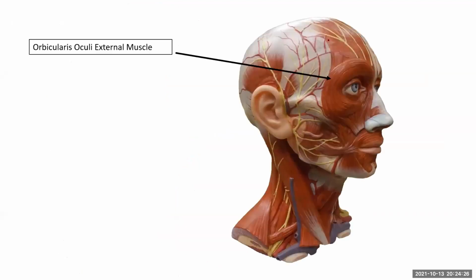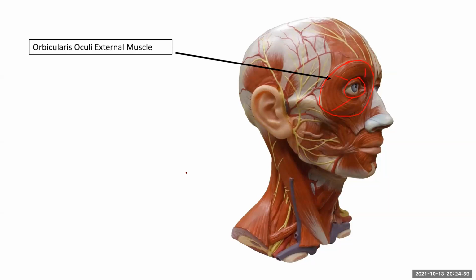Right? Then, staying on our superficial dissection side here, we can see this muscle that surrounds your eye. This is called the orbicularis oculi external muscle. All right, so basically, the external portion of this muscle is going to be all of this, everything in between those two red lines. So all of this, that's the external portion.